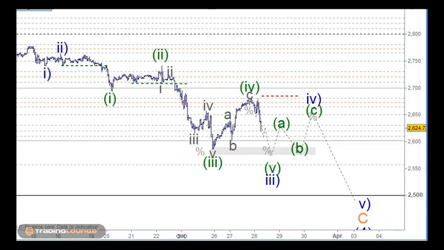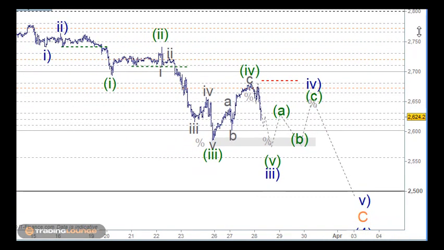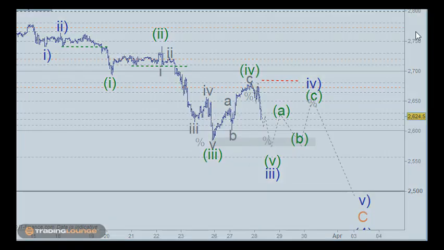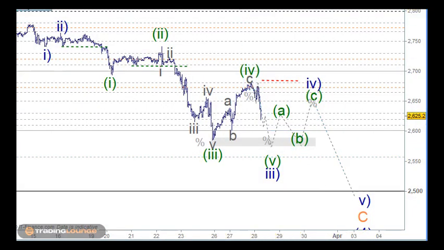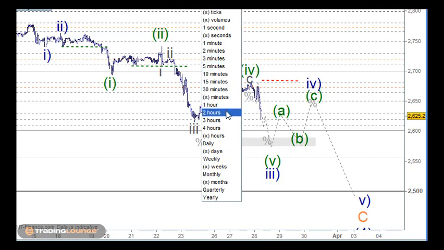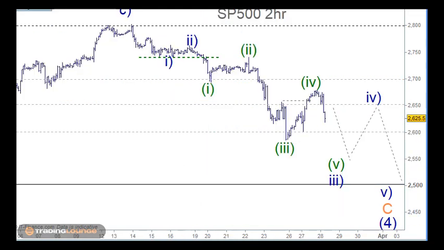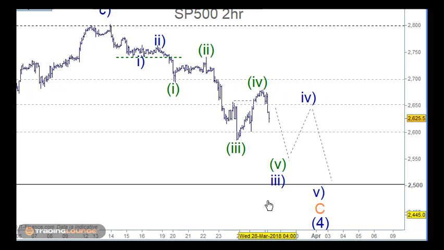Now on our charts, with Elliott Wave, I'm going to go back to the 2-hour chart and go over a few things. On our website charts, this is something we need to work through, but I think this is the correct count that we're looking at.